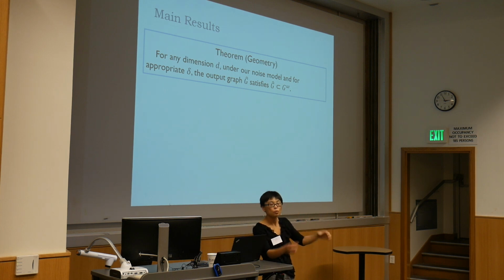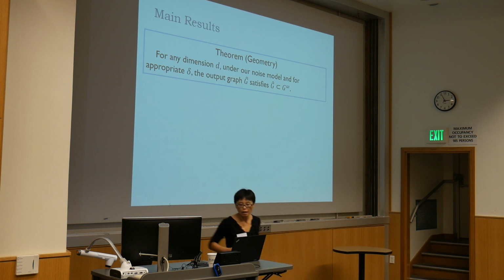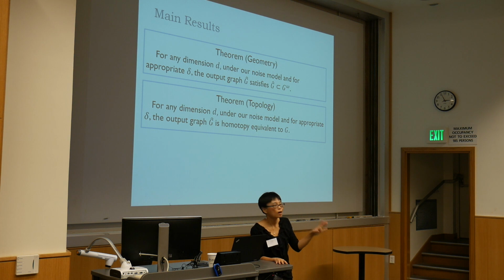Under this condition, you can prove geometric closeness, namely the graph that you reconstruct will lie, number one, within this G omega neighborhood. If omega is small, that's the width of your neighborhood, that means geometrically you're close to the ground truth. Note this does not say anything about smoothness of your reconstruction. It just says geometric closeness. Number two, topologically speaking, you have the same topology.